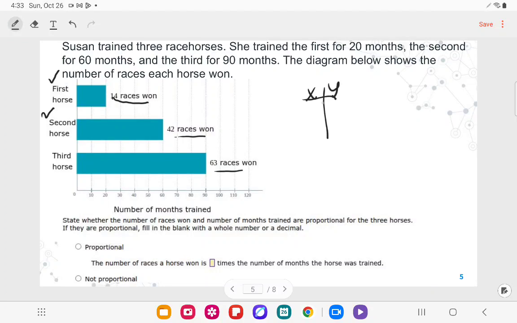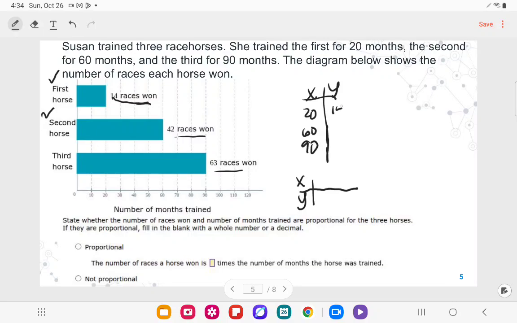Now, some tables are sideways. I prefer them up and down. Okay, if you'd like to write it like this, you can. Okay, but my X, notice it's across the bottom, number of months trained. My X's are 20 months, 60 months, and 90 months. And the Y is the number of races won.